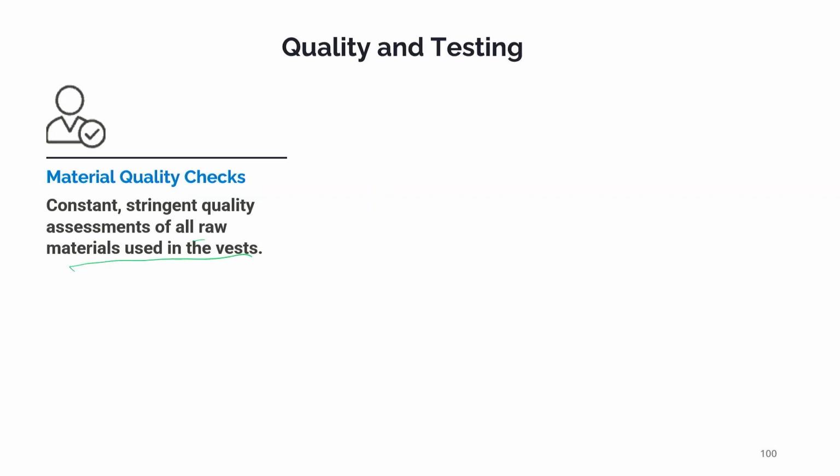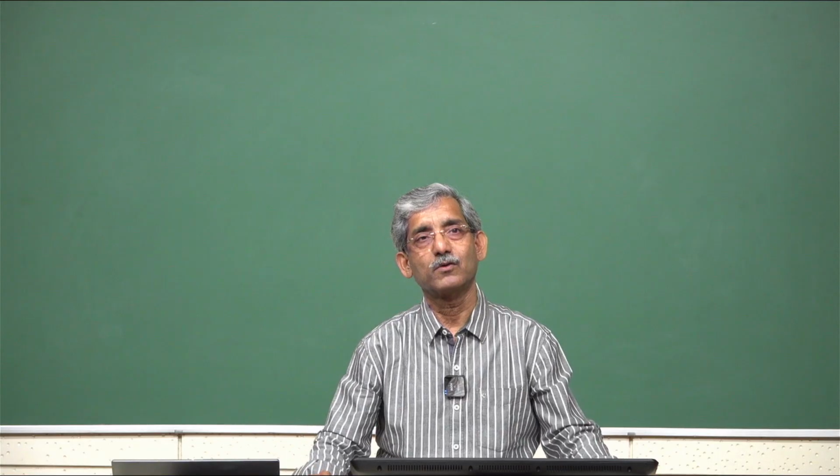So, the raw material like the filament or fiber we use, for that we have to have constant and stringent quality checking. So, if we want to have the best quality of product, material quality checking is very important, even if it is raw material, in process material and output material, that product. So, constant material checking should be there.